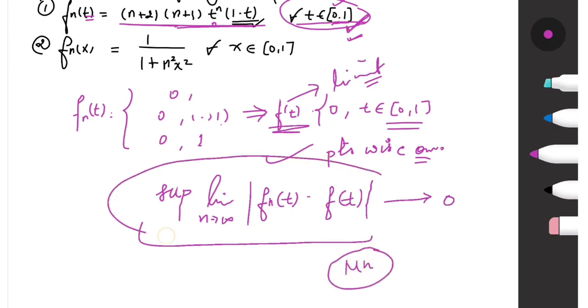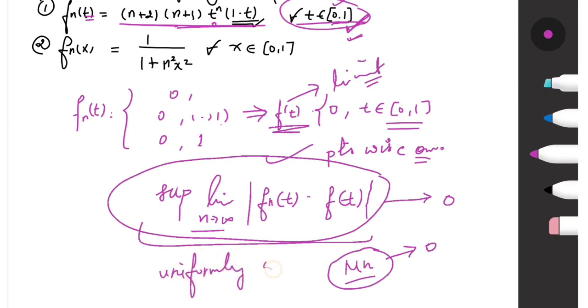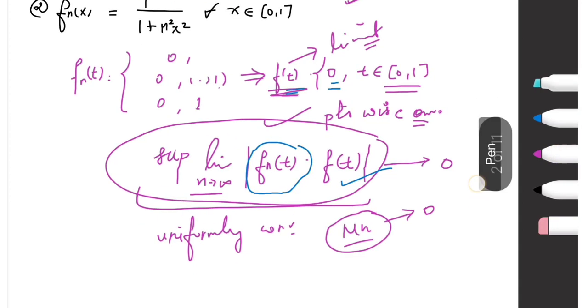If this Mn approaches 0 as n approaches infinity, we say that our sequence of functions is uniformly convergent. In this particular case f(t) is 0, so we will simply get the modulus of f_n(t).